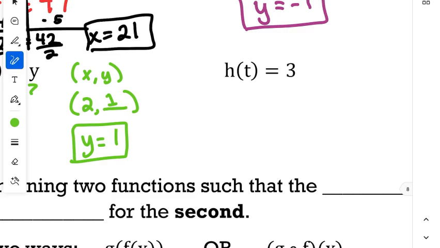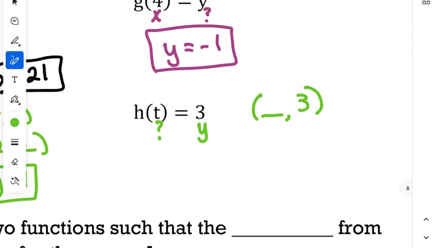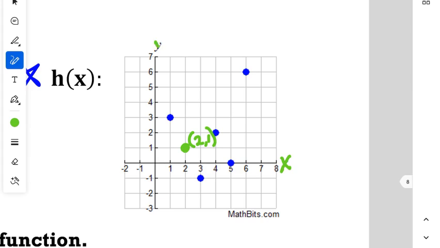Okay, h of t equals 3. So they don't give us x, but this is what we're looking for. And 3 is y. So the h function is the graph. So we're looking at what is the x value when y is 3. So look at your graph. Look at the y-axis. Go to 3. Here's our y-axis. Go to 3.